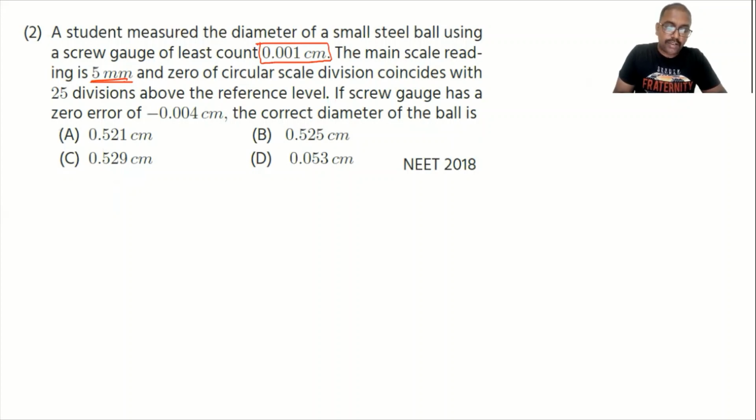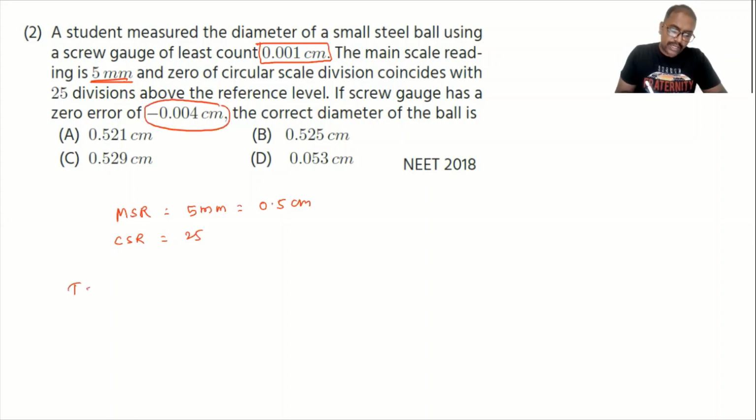And 25 division of the circular scale coincides above the reference level. So here we can write circular scale reading is this 25. If screw gauge has zero error given 0.004 centimeter.